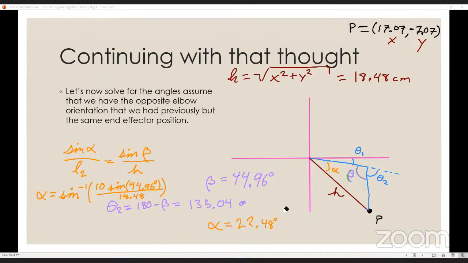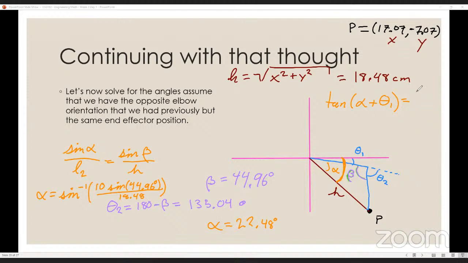Because now we need to find theta 1, right? So look, this is the total angle here. That's the total angle. So if we want to find this tinier angle, we would have to take the alpha plus theta 1 as our total. The tangent of alpha plus theta 1 is equal to y divided by x, like I said.